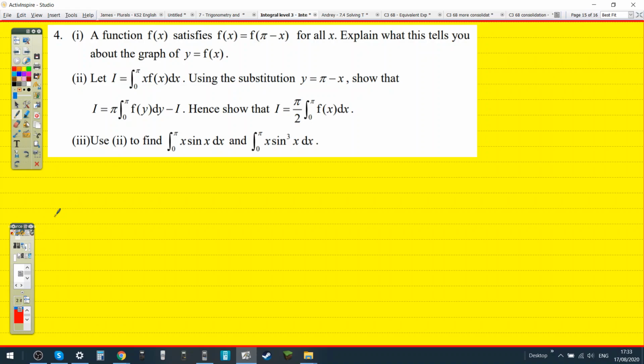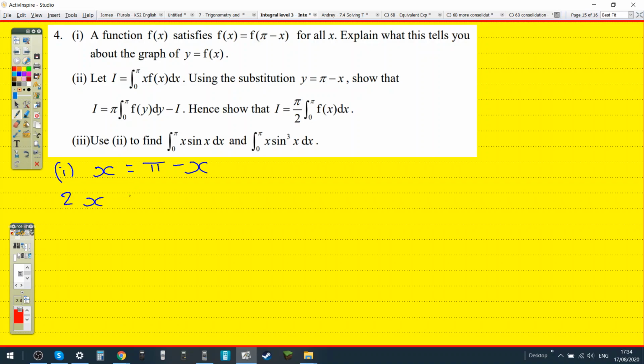Oh, f(x) is equal to f(pi minus x). Isn't that like sine x is equal to cos of 90 minus x or something? I think a different thing. Yeah, you have the right idea. So x is equal to pi minus x.